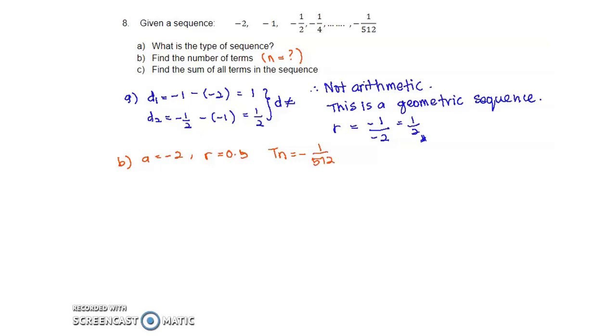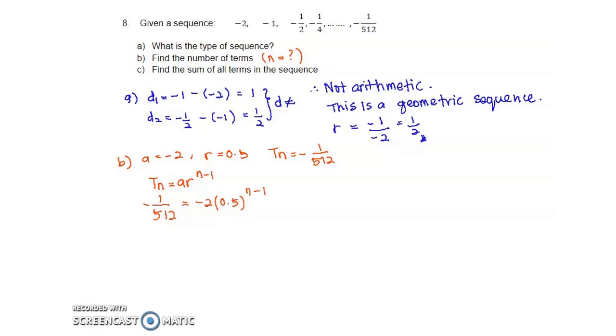Use the formula for a geometric sequence: Tn equals A R power of n minus 1. So now Tn is negative 1/512, equal to A, negative 2, times R, 0.5, power of n minus 1. We want to find n.